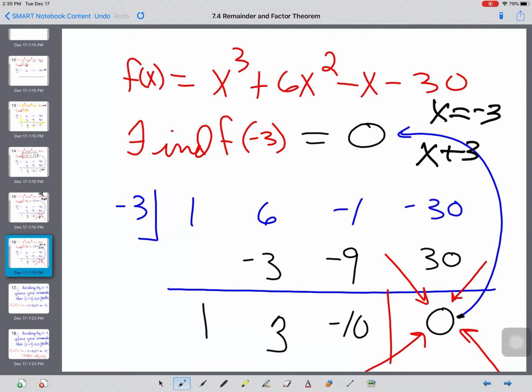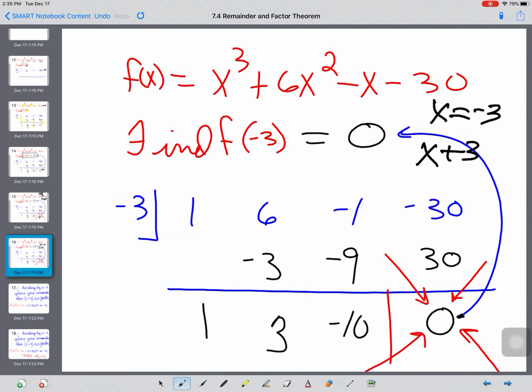So because the remainder here is 0, that means x minus -3, or x plus 3, is a factor. All you have to do is bring the 3 back over to the other side. That means x plus 3 is a factor.